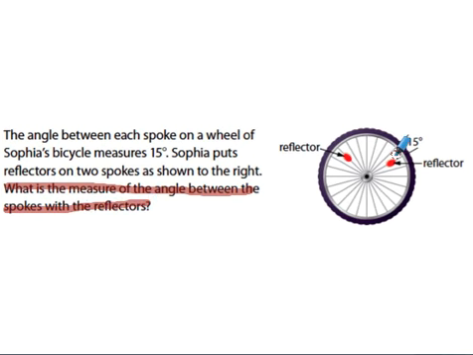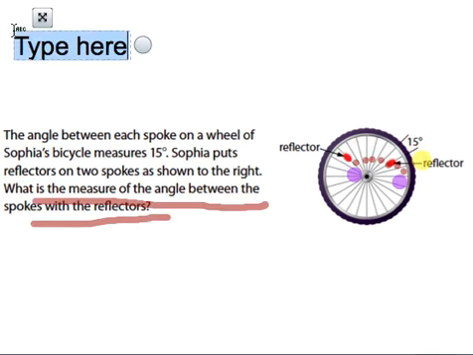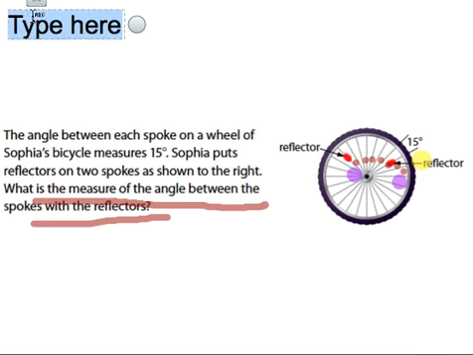We know that there are 1, 2, 3, 4, 5, 6, 7 15-degree angles between these reflectors, right? Between these two reflectors, there are 7 15-degree angles. So you could solve this by using repeated addition.